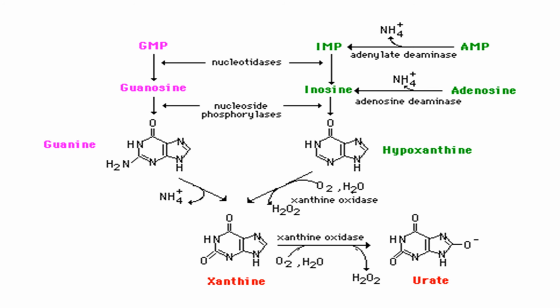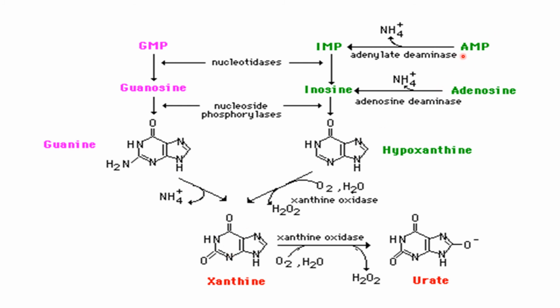Nucleotidases and nucleoside phosphorylases convert GMP to guanine, and guanine contains an amino group, which is released by deaminases, and guanine is converted into xanthine.